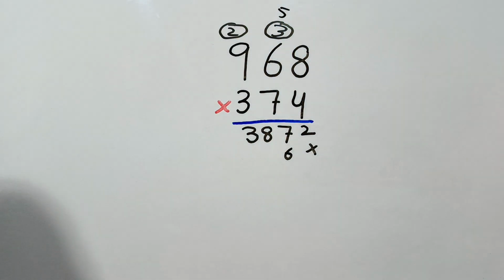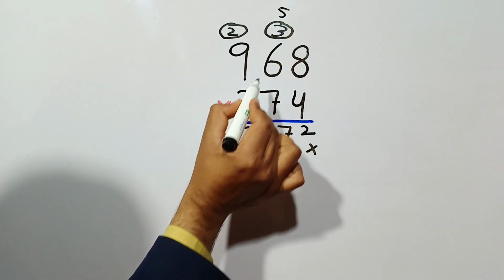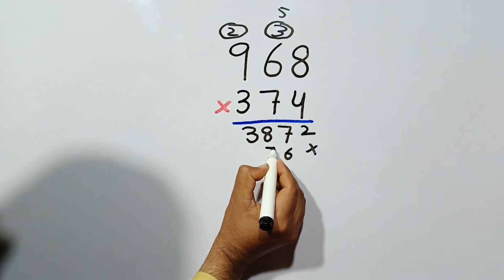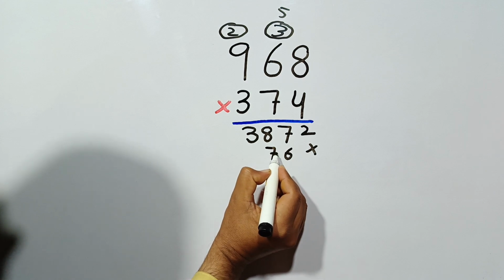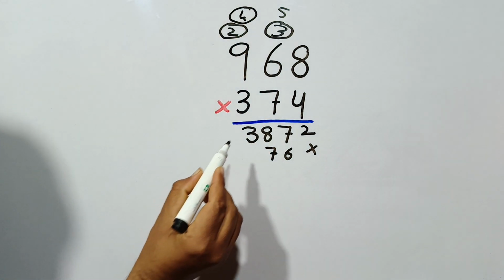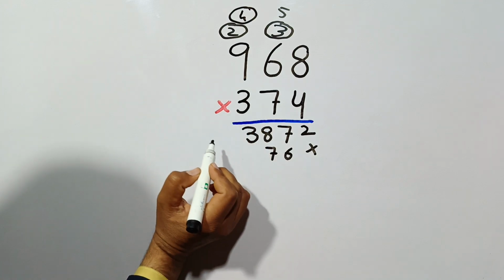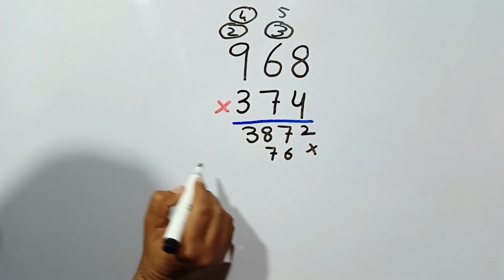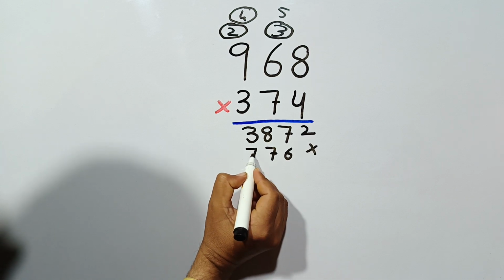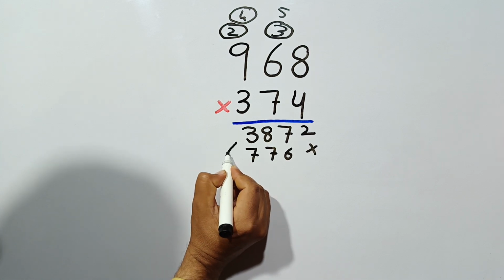Now, 7 table 6 times. 7 times 6 is 42 and 5 carry is 47 and 4 carry. 7 times 9 is 63 and 4 carry add is 67.